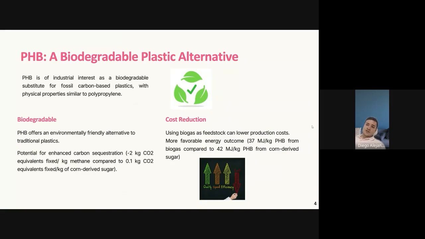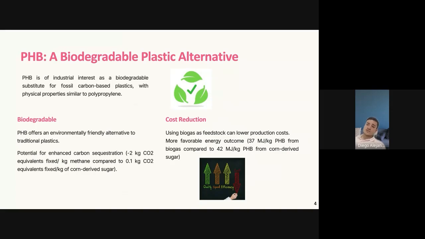There is potential for increased carbon capture: minus 2 kilograms CO2 equivalents per kilogram of methane, compared to 0.1 kilograms CO2 equivalents per kilogram of corn-derived sugar. Biodegradable PHB is an environmental alternative to traditional plastic.